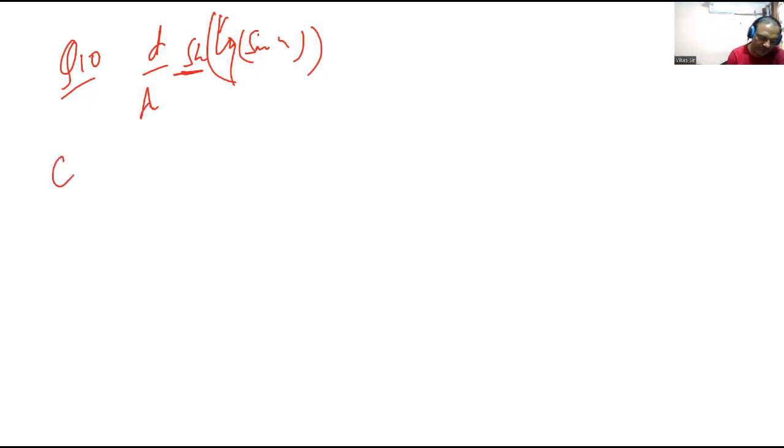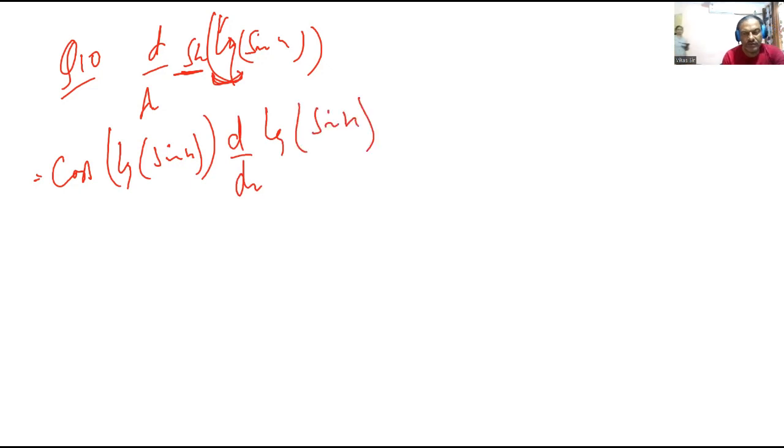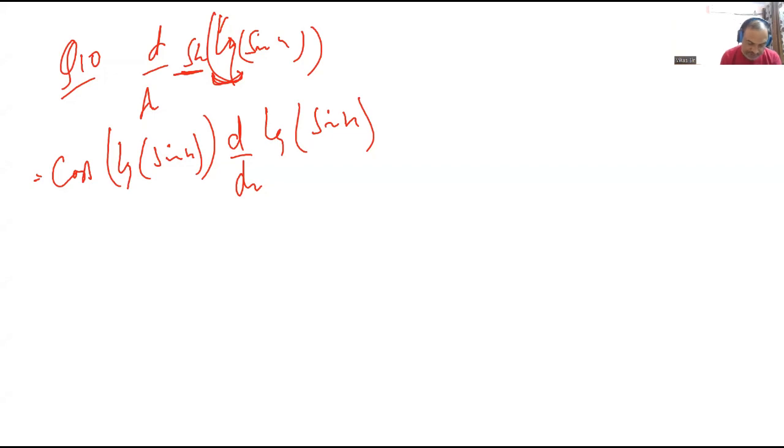Now it will be like this: cos log sin x. This is the result. If we differentiate the outer sin, we will be having cos log sin x. Next, after this, I have to differentiate d by dx of log sin x. Now, on differentiating this, what we will be having is cos log sin x, and d by dx of log sin x.